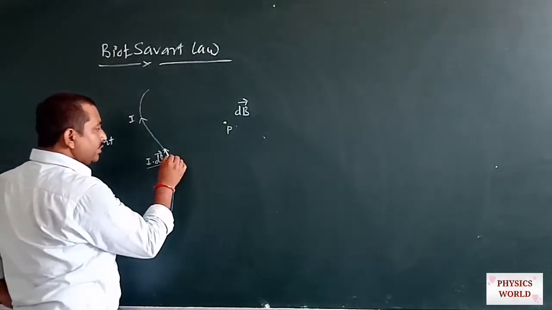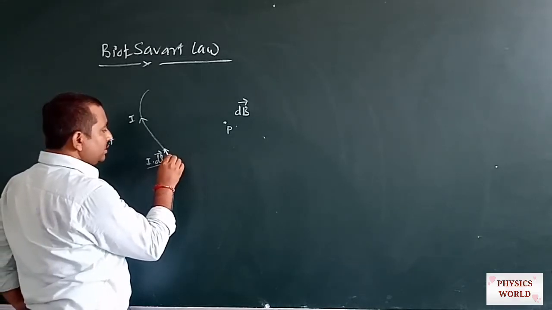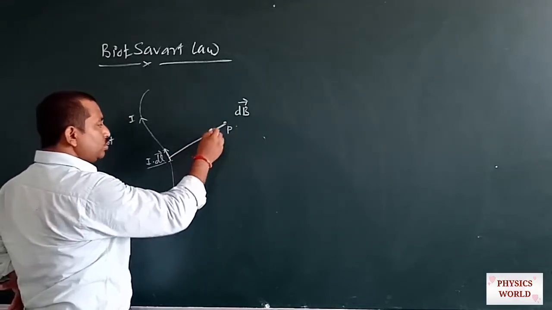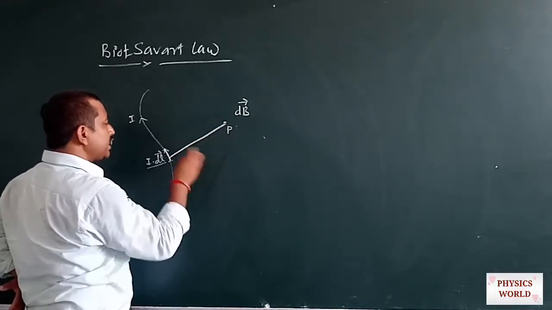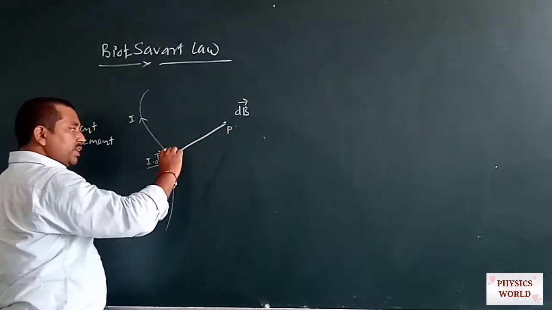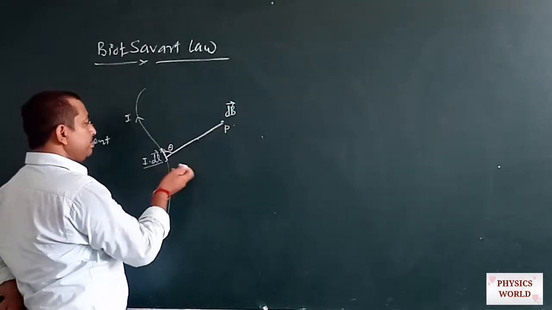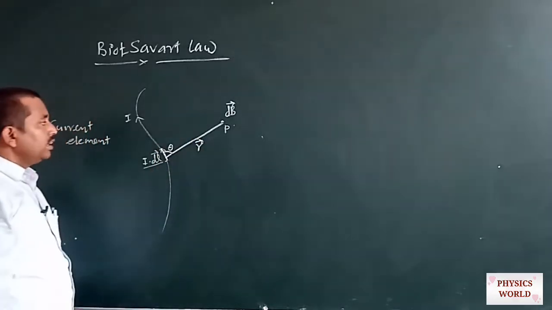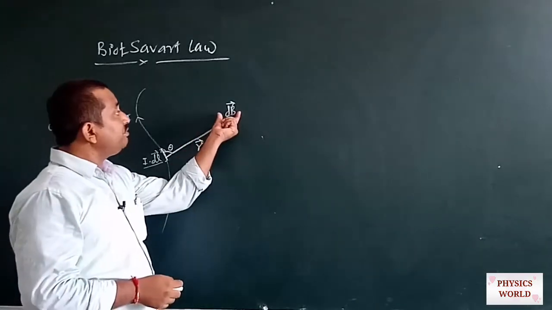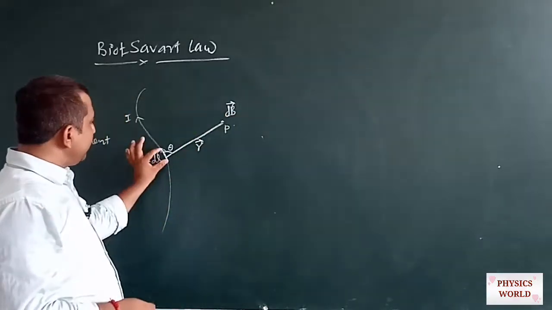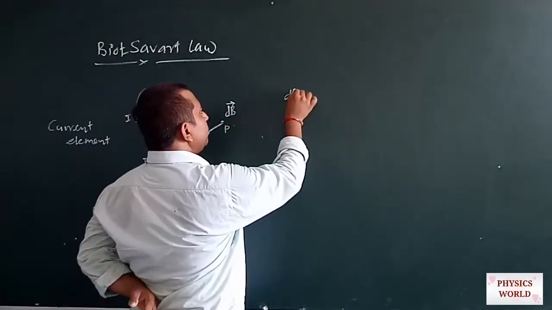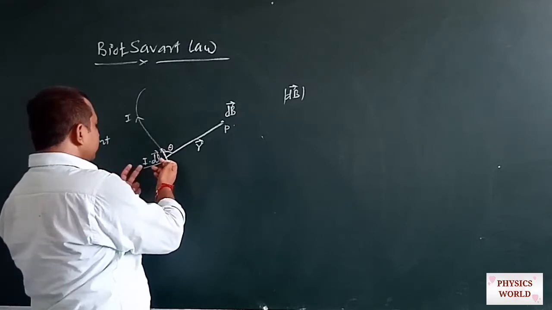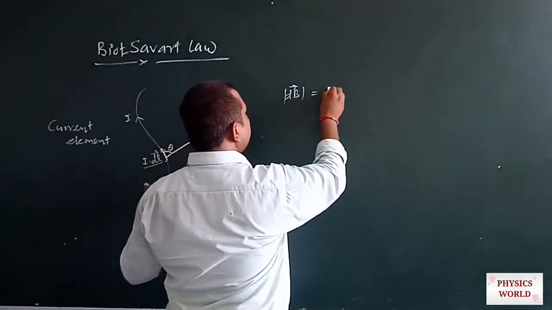If we join the midpoint of this I dl to P, and assume that the position vector of point P with respect to this current element is r, then the magnetic field due to this current element at this point will depend upon the value of the current element.